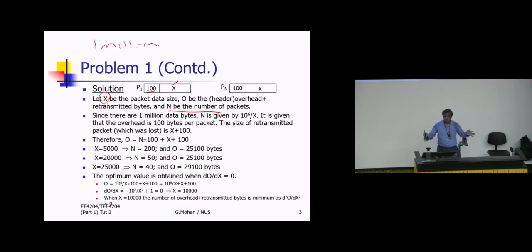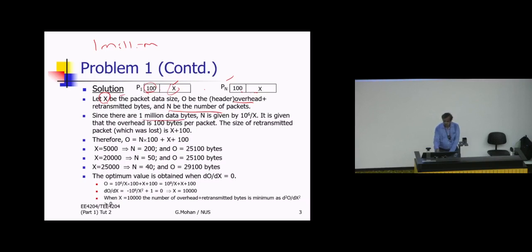Depending on the size of each packet, the number of packets will vary. And let O be the header plus retransmitted bytes. Note that 100 bytes of header should be carried as part of each of the N packets. So now, what is the relationship between N and X? X is the data bytes carried in a packet. Capital N is the number of packets.